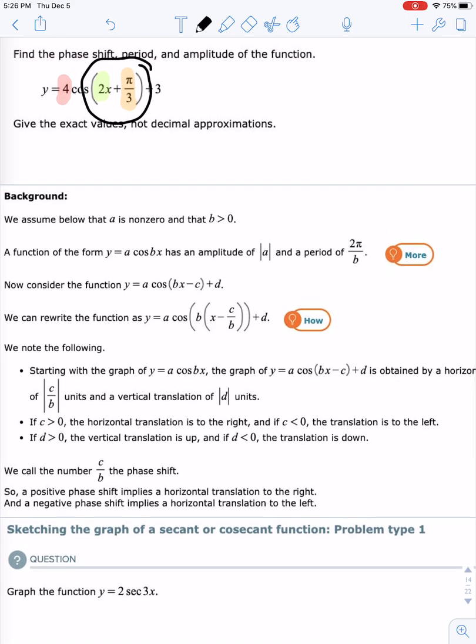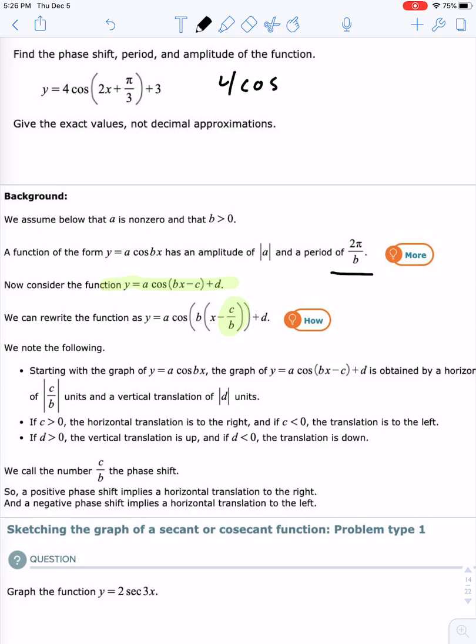Again, period is 2 pi over b. But what we want to work on rearranging is this function right here, because we need to write it in a way that we can easily identify our b and take into account how that affects our phase shift. In the problem we have 2x plus pi over 3. So I'm going to factor out that 2.